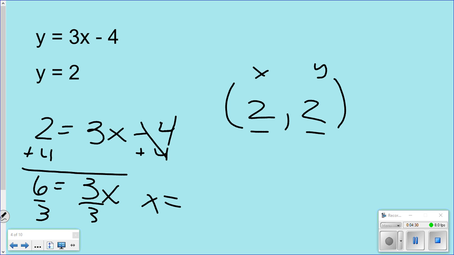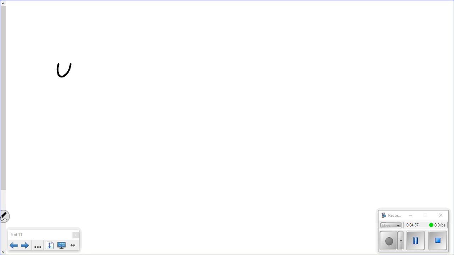I'm going to give you one more like this. I want you to try it, okay? Let's do y equals 2x plus 1. We'll have an x equals 3 this time.